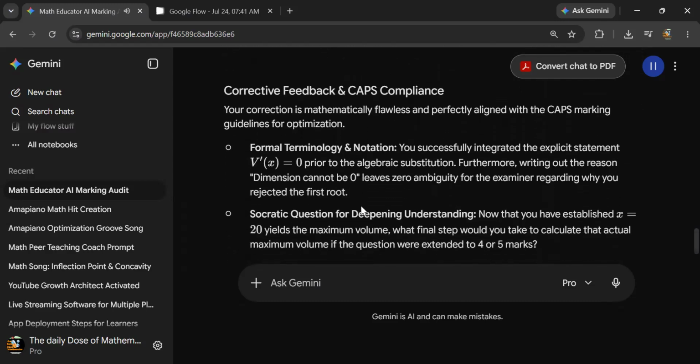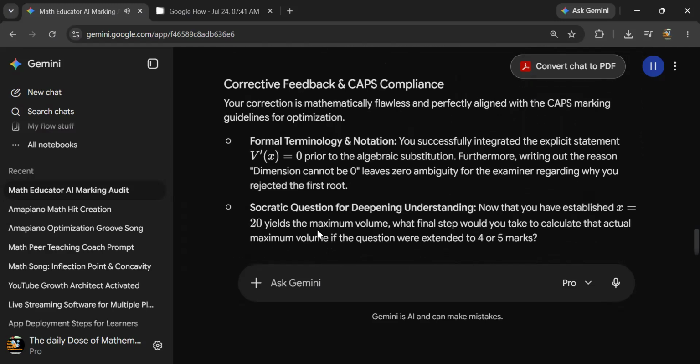Your correction is mathematically flawless and perfectly aligned with the CAPS marking guidelines for optimization. Formal terminology and notation. You successfully integrated the explicit statement V'(x) equals 0 prior to the algebraic substitution. Furthermore, writing out the reason dimension cannot be 0 inches leaves zero ambiguity for the examiner regarding why you rejected the first root.